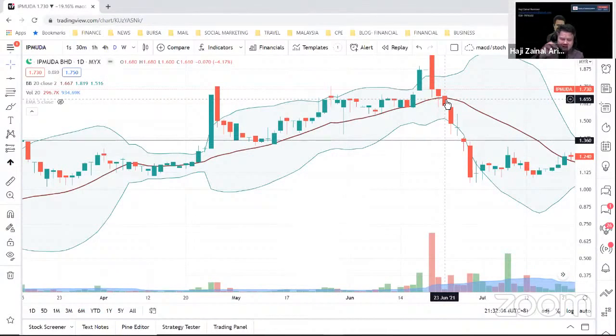So this Bollinger Band is a trend following. The first thing you have to look at is what is the trend, whether it's uptrend or downtrend. That is the most important. Whether you're using a Bollinger Band or the moving average, in all trend following systems we want to see what the trend is. So based on this is what happened.